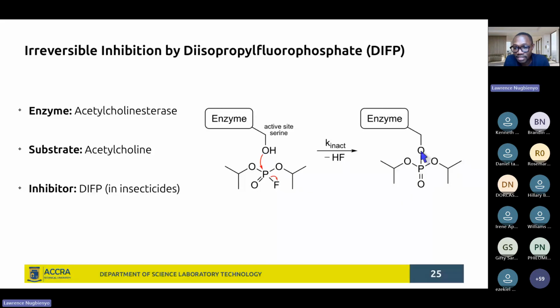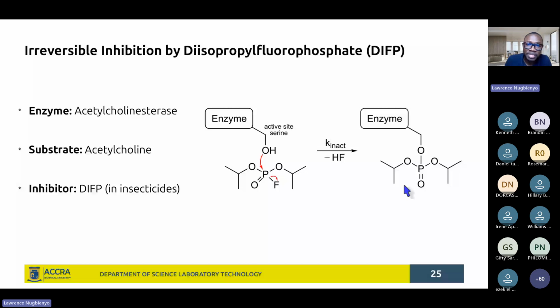Once it binds covalently to acetylcholinesterase, it prevents the activity of the enzyme in muscle contraction, where it hydrolyzes acetylcholine from muscle cells so that the next signal can come for the muscle to contract.